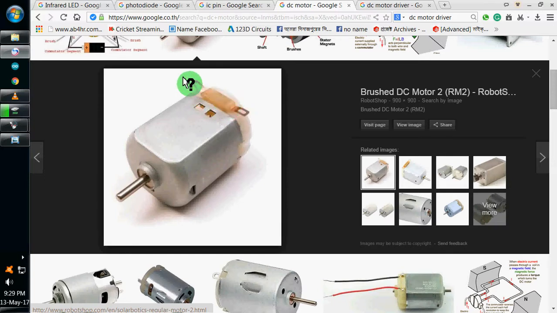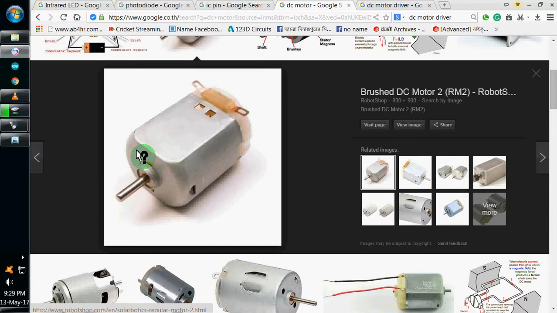If we connect positive here and negative there, it could rotate clockwise. When we invert the connection, it will rotate anti-clockwise. So we have to think about how we control the rotation of this type of motor.